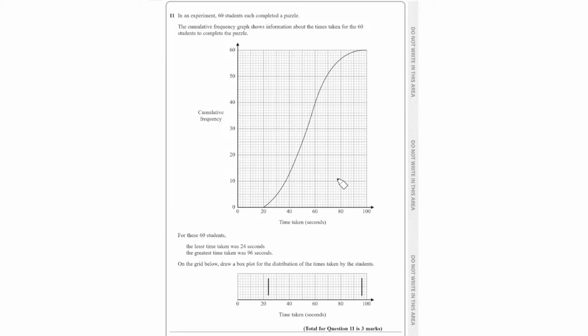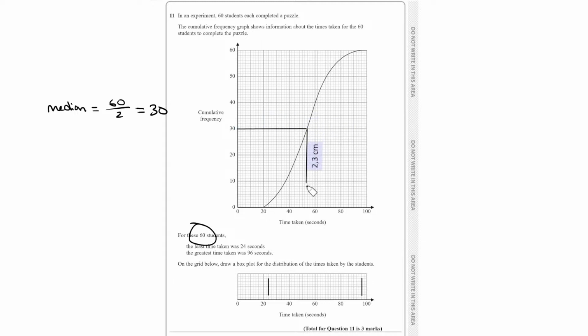Now let's work out the median. We've got 60 students. For the median, we don't necessarily have to write this down. They've not given you any space to work it out, but just so you can see, we want halfway, 50%, which is 30. So on the cumulative frequency side, we need to go across at 30 and then down.